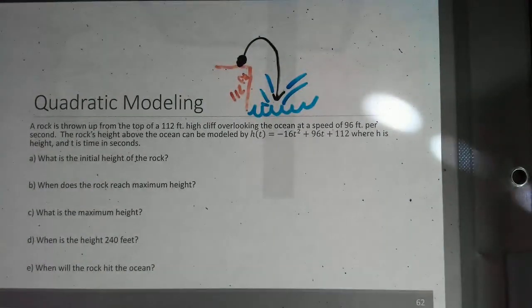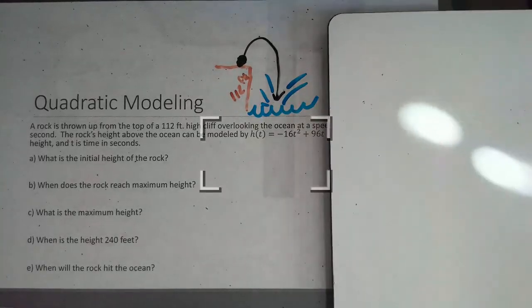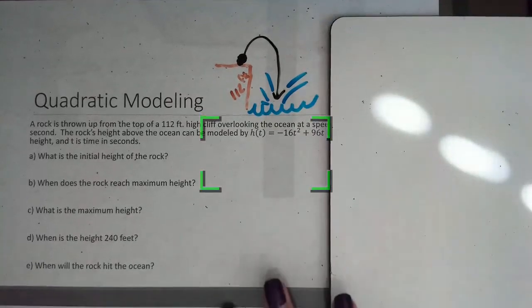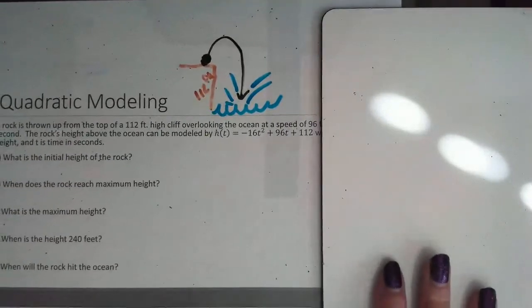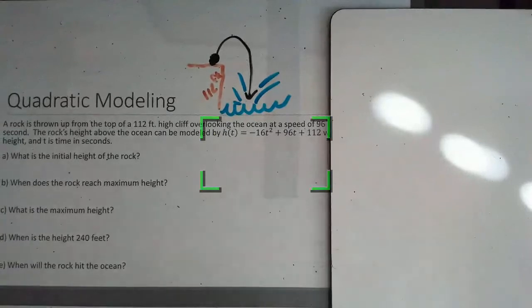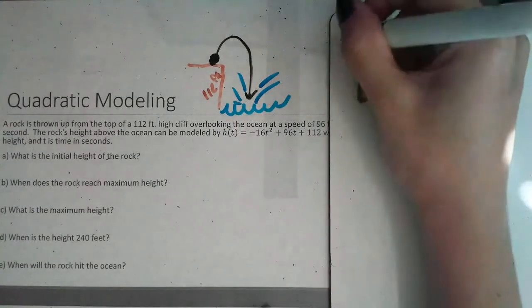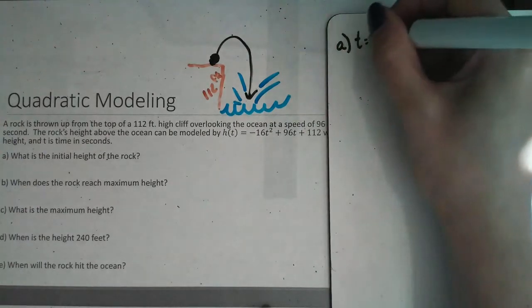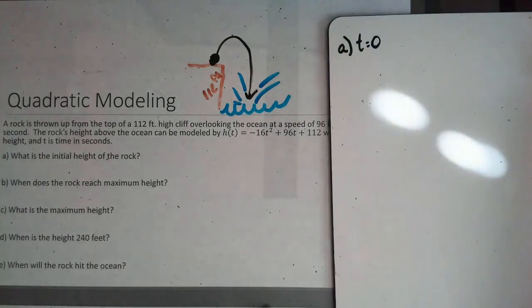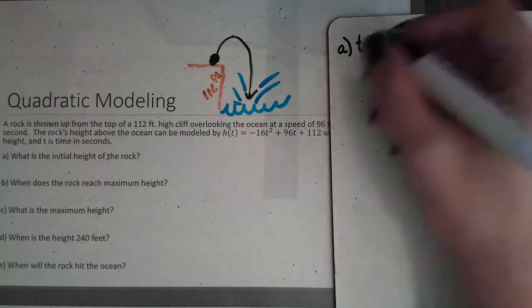All right, so figuring out what's going on here. First up, we want to find the initial height of the rock. Well, we have to know that initial means starting. So we want to know what was the height when we first started. Well, when we first started, that means time is beginning. So we're going to plug in t equals 0. We want to find the height at that time.